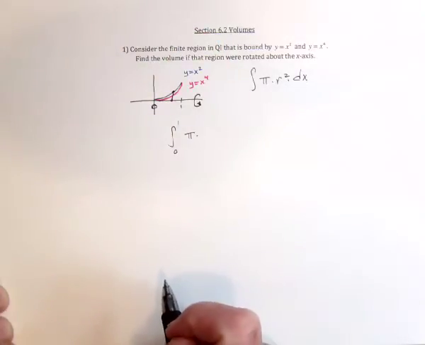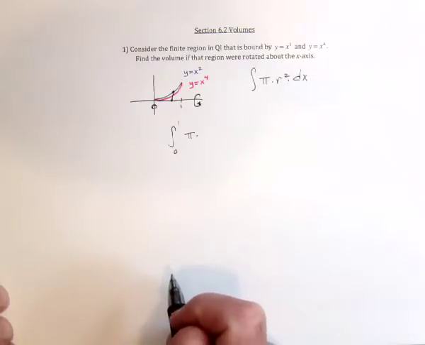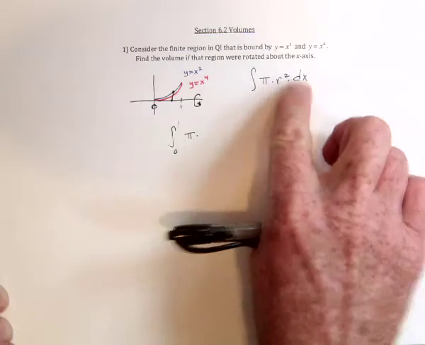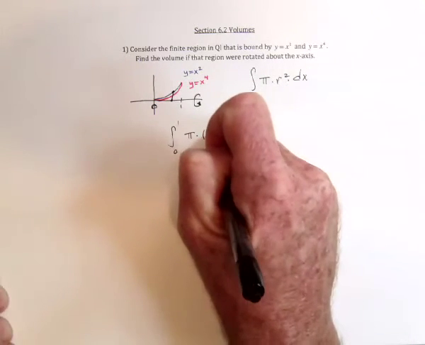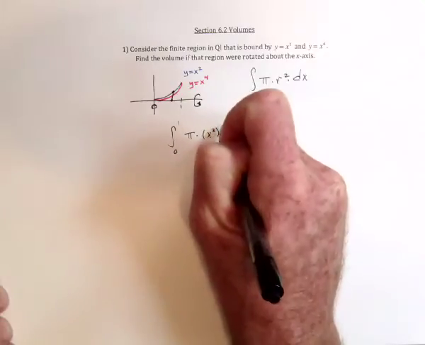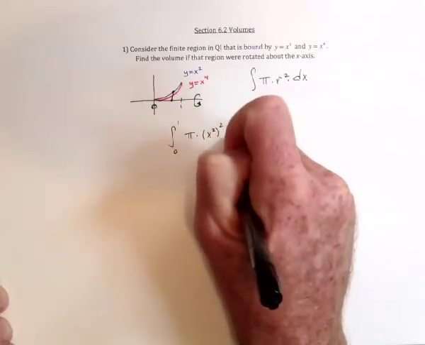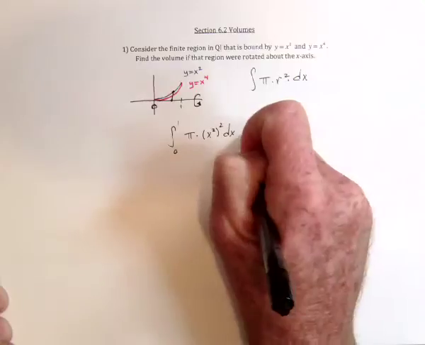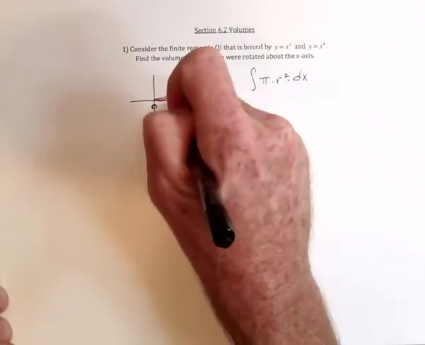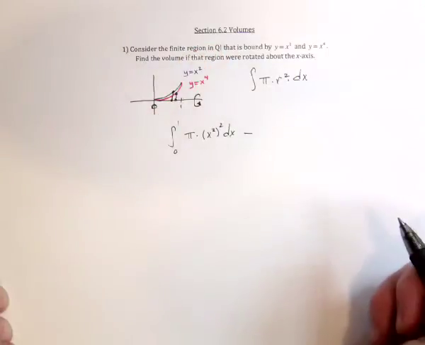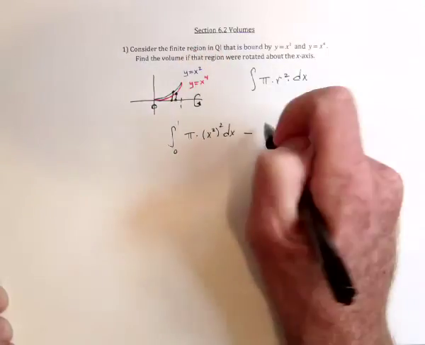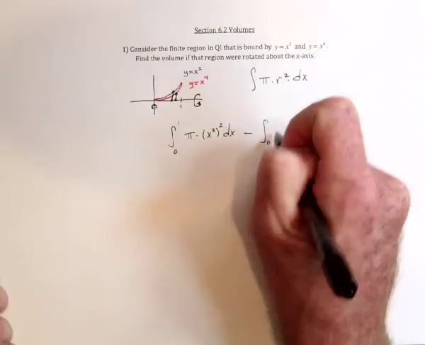So that's a height of y, and you could integrate y if you want to, but we're going to be using x's. So that means that it is x squared. But then the radius needs to be squared. And then go from here to the smaller one, x to the fourth, find out how much that volume would be, and subtract it out.